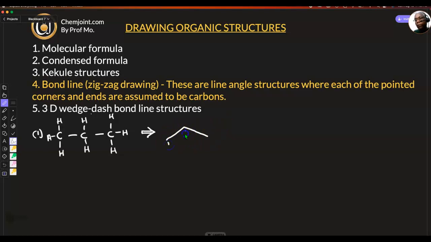So this is carbon 1, carbon 2, carbon 3. I don't need to show the hydrogens. The hydrogens are implied. We know they are there. The only time you're implying hydrogens in an organic drawing is when they are on carbon. If they are on any other element other than carbon, you have to show it. So the zigzag drawing will end up just being that.